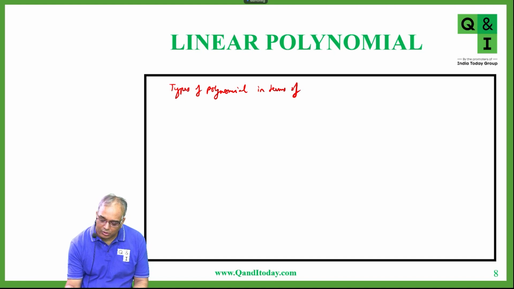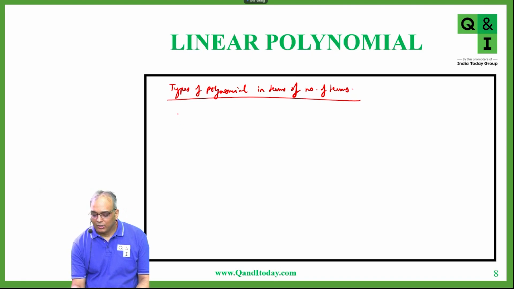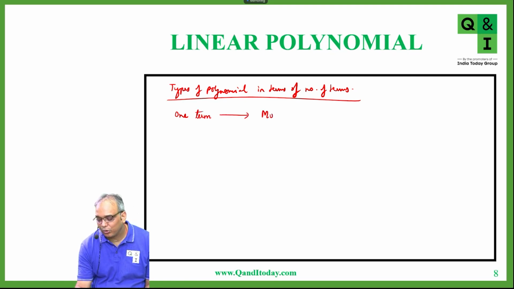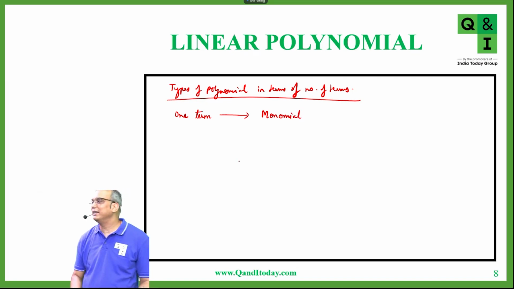If there is one term, that polynomial is called a monomial. So a monomial has one term.